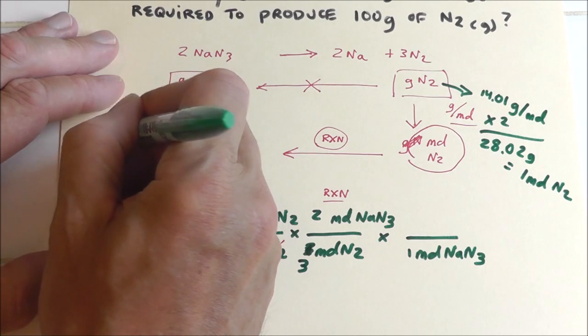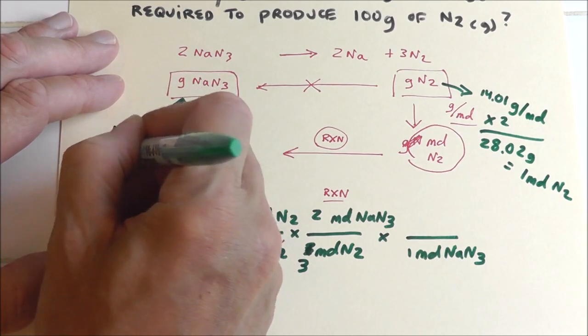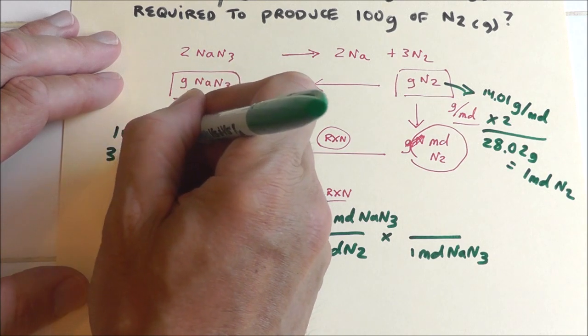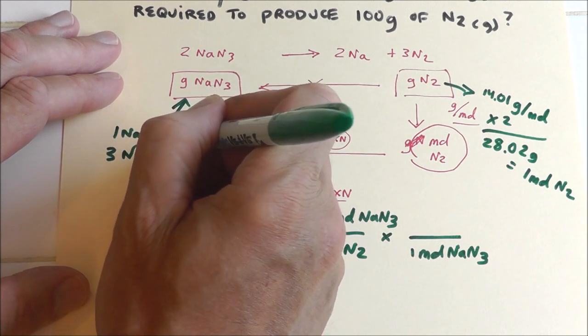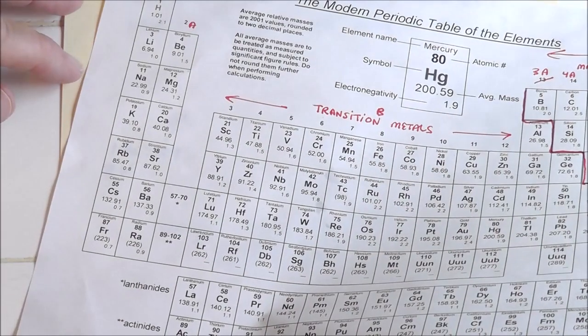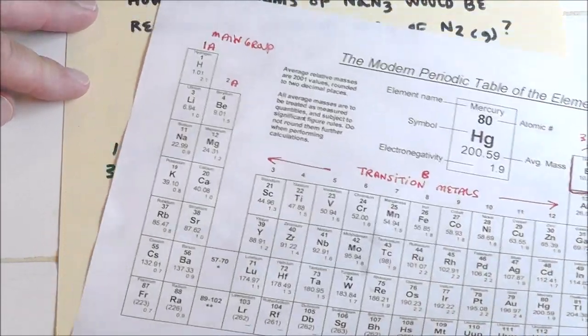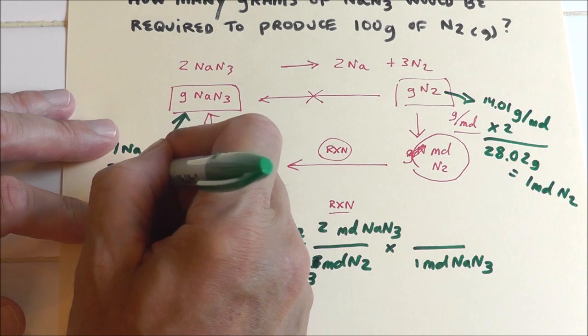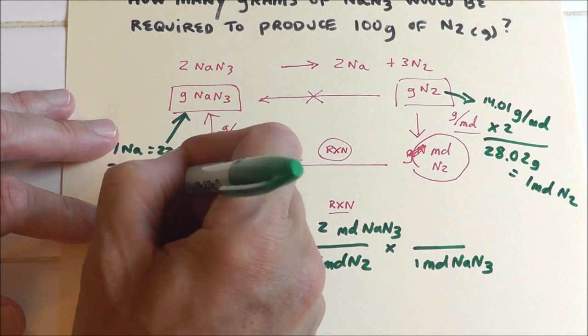You've got 1 Na and 3 nitrogens. And so an Na is 22.99. It's right there, right? 22.99 for sodium. 3 N's would be 3 times 14.01.